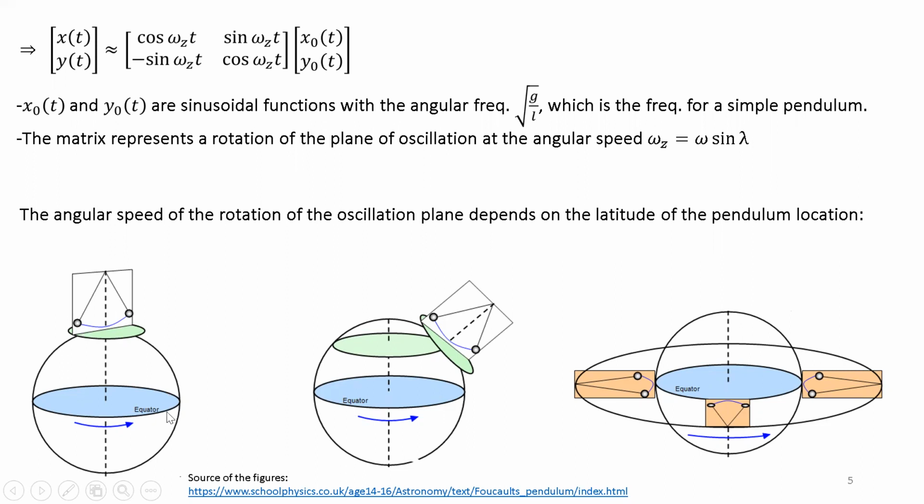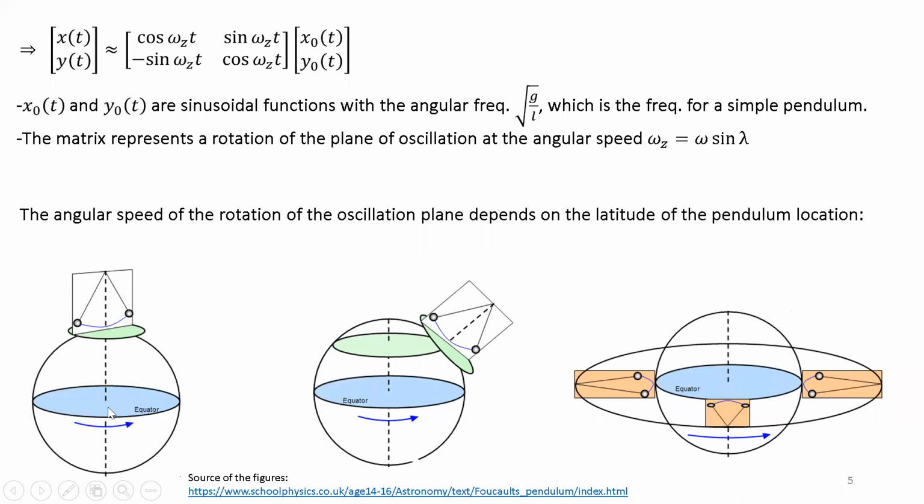So then you know that it takes 24 hours for the Earth to complete one revolution. If you just have this plane of swinging to be constant, to be fixed, then according to an observer who is actually rotating, we'll see that this plane actually rotates.